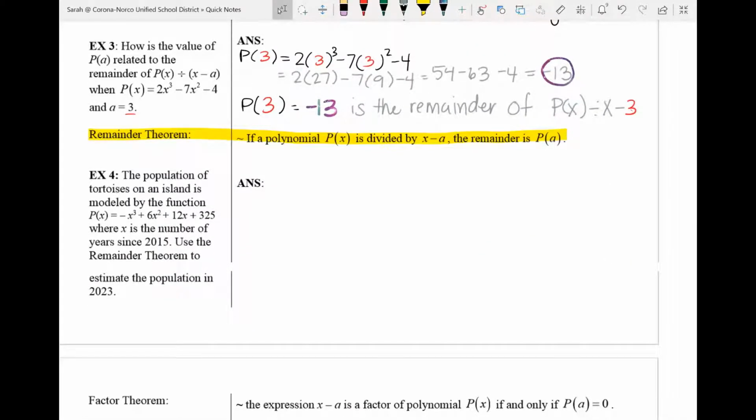So for example 4, we're looking at the population of tortoises on an island that's modeled by a function where x is the number of years since 2015. They want us to use the remainder theorem to estimate the population.